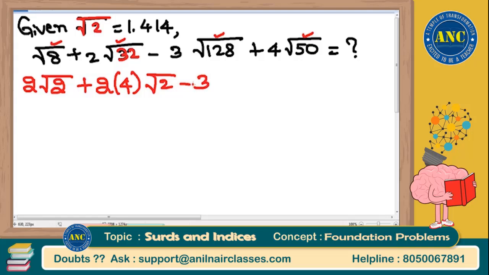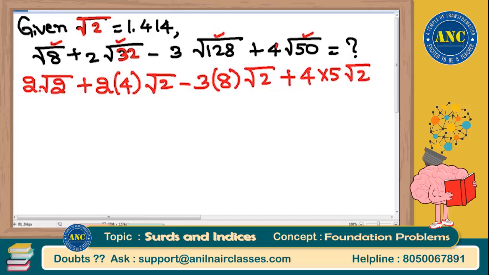Minus 3 root 128; 128 is 64 into 2; 64 square root is 8, so 8 root 2. Plus 4 into root 50; 50 is 25 into 2, so 4 into 5 root 2.